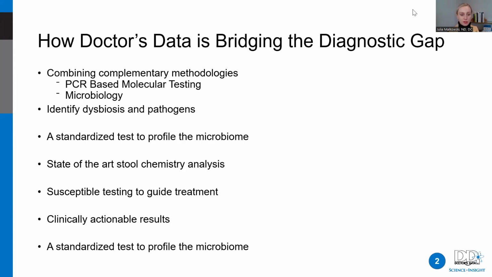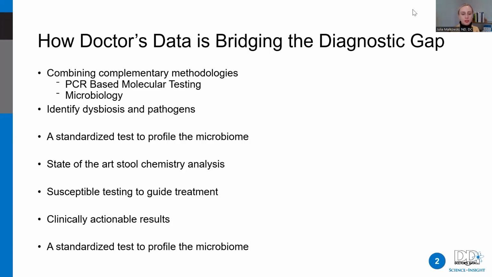Another unique aspect of GI360 is the susceptibility testing. GI360 includes susceptibility testing to bacteria and yeast that have been cultured directly from your patient's sample, and you will have that individualized information. This is an excellent opportunity for individualized medicine.